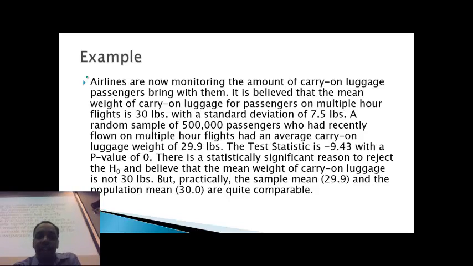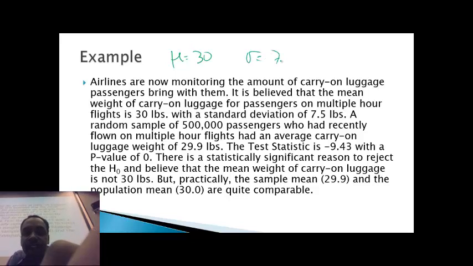Airlines are now monitoring the amount of carry-on luggage. Let's see here. The average is 30. The standard deviation is 7.5. You sample 500,000 people. Holy cow.